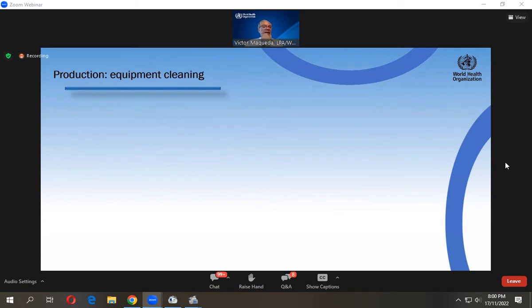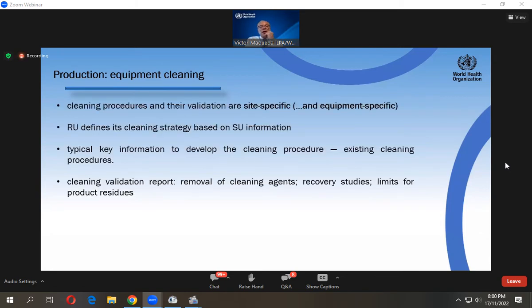Regarding cleaning, it is important to understand that cleaning is site specific. We want to name it like that. Equipment specific. That means that the receiving unit has to develop basically their own cleaning procedures.